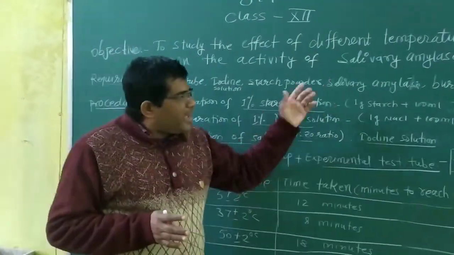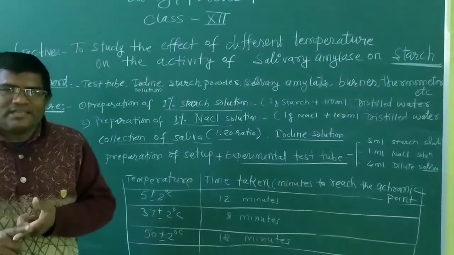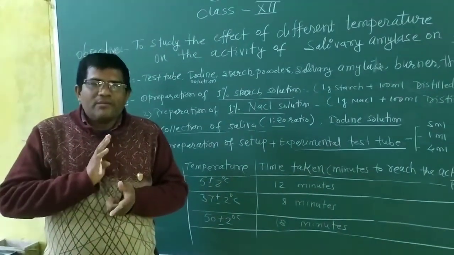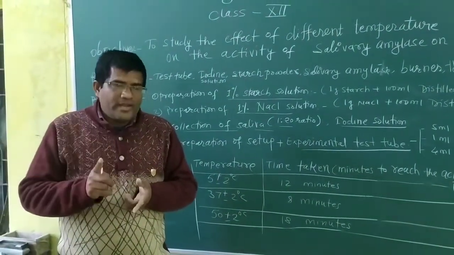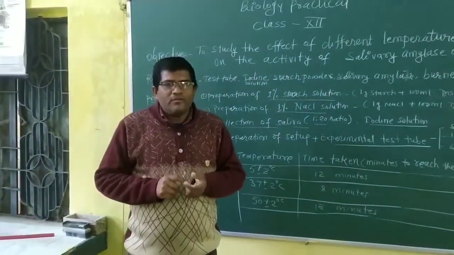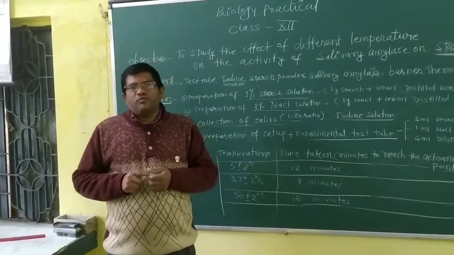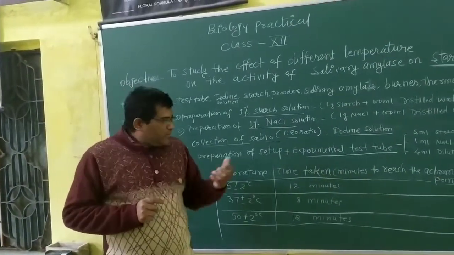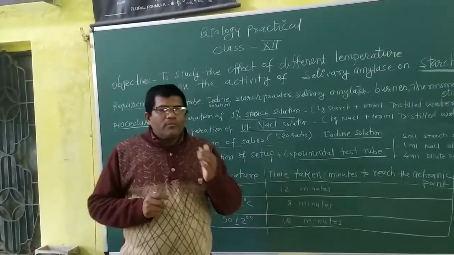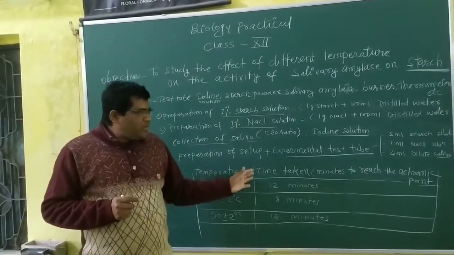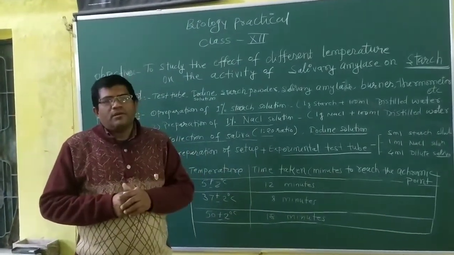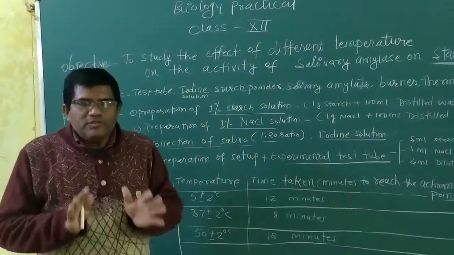But when saliva digests the starch, the blue-black color will not come. The point where the blue-black color does not come in the iodine is said to be the achromic point. It means we have to measure the time in which the iodine color remains as usual.